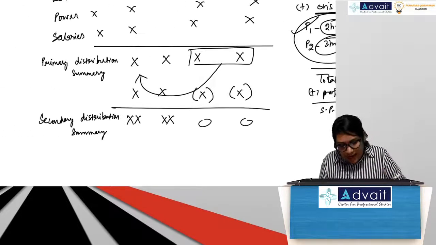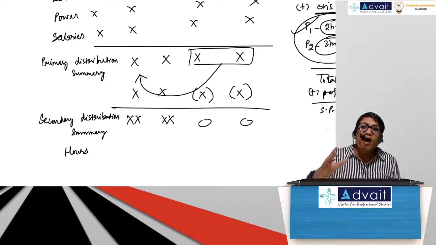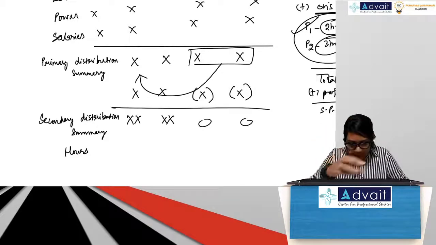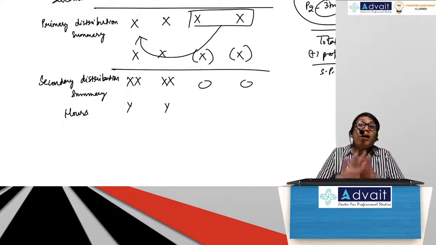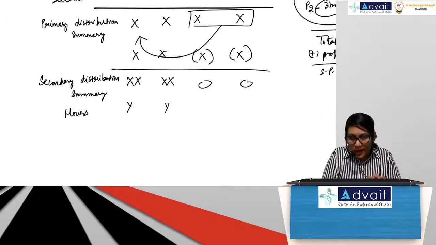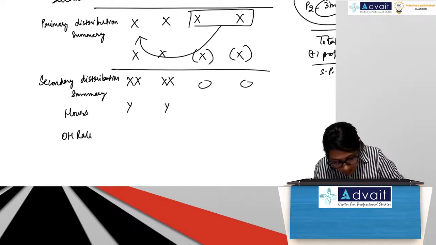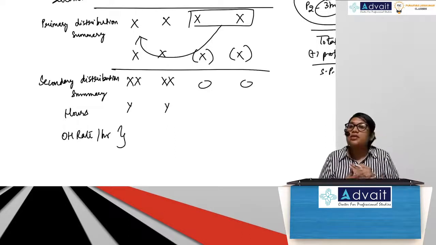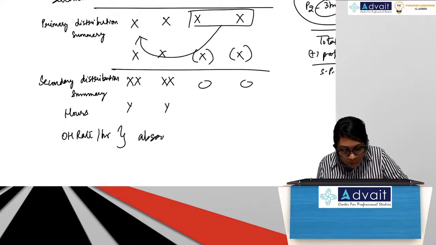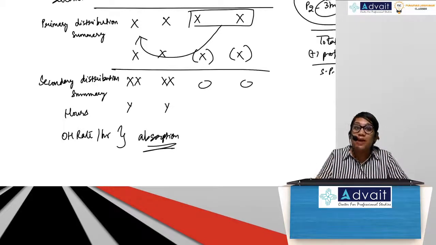Yes. So let's take hours here. Let's say the number of hours in P1 is something and in P2 is also something. Correct? So when I divide my total overheads in P1 and P2 by the number of hours, what will I get? I will get my overhead rate per hour, and this is called absorption, which is step 6.